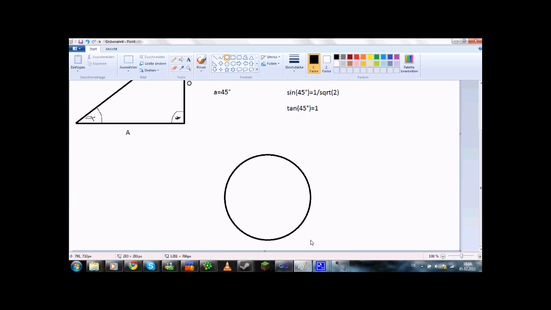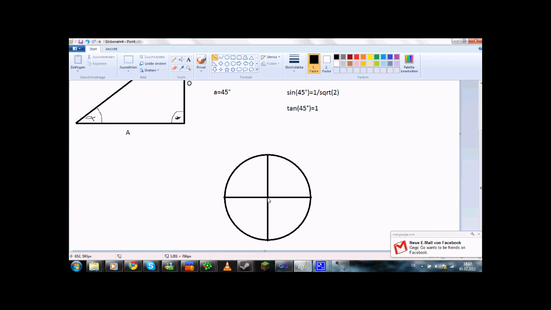Alright, let's assume that's a circle. Now I will draw a coordinate system here. Okay. Now, this circle is supposed to have a radius of 1. And this circle, ladies and gentlemen, is the unit circle.